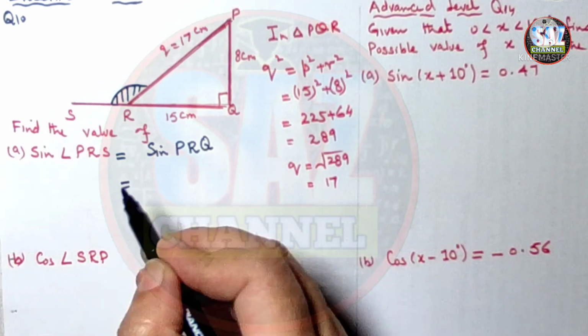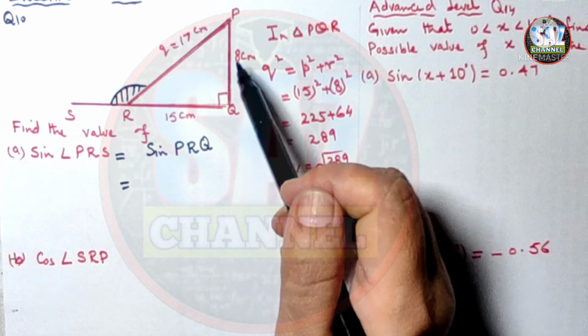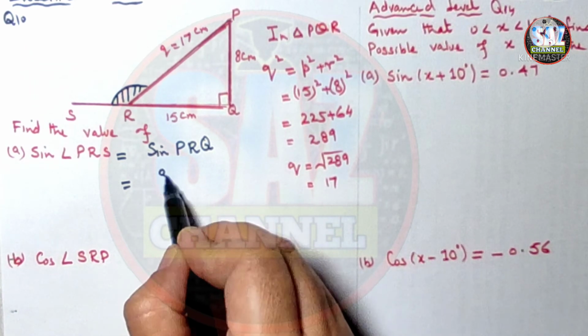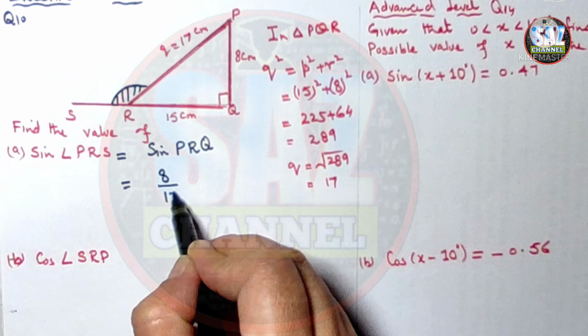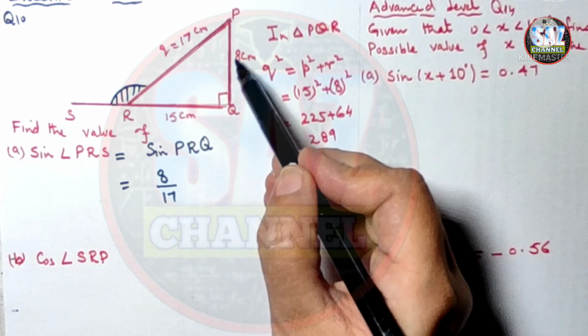And now sine requires opposite upon hypotenuse, and that will be 8 by 17, because with reference to angle R, 8 is opposite.